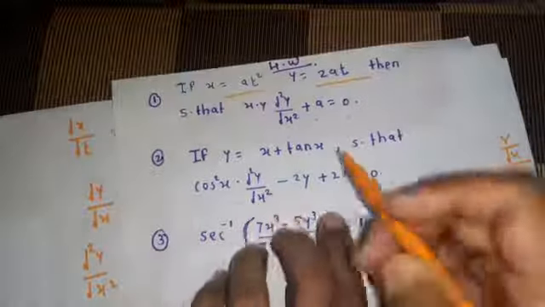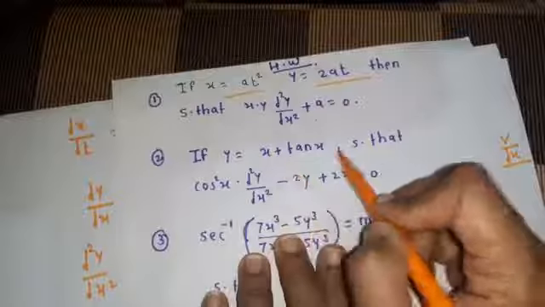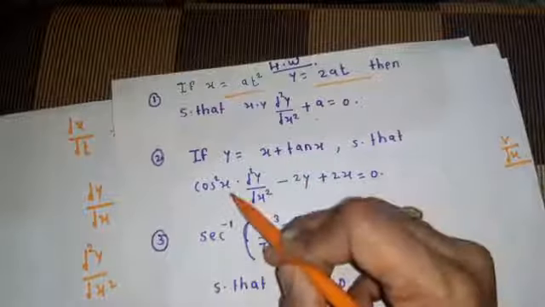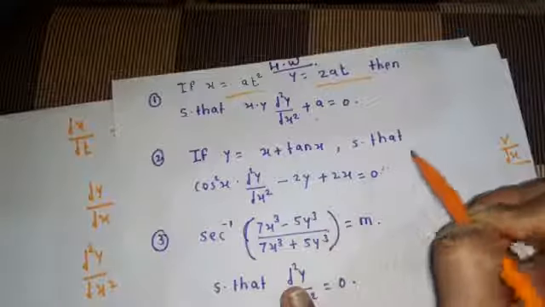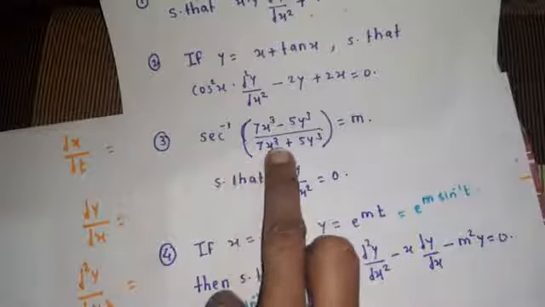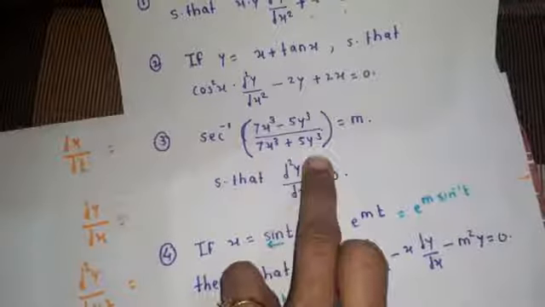The second problem is, if y equal to x plus tan x, then show that cos square x d2y by dx square minus 2y plus 2x equal to 0. Then the next problem is sec inverse of (7x cube minus 5y cube) upon (7x cube plus 5y cube) equal to m. Then show that d2y by dx square equal to 0.